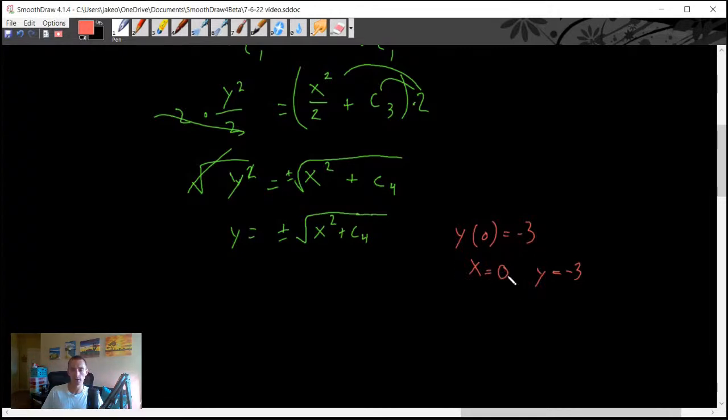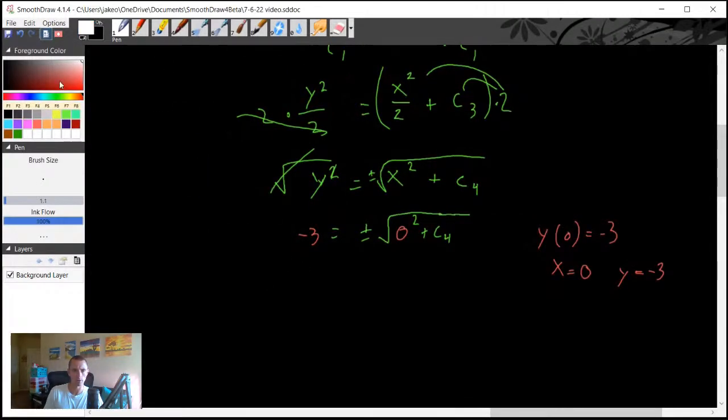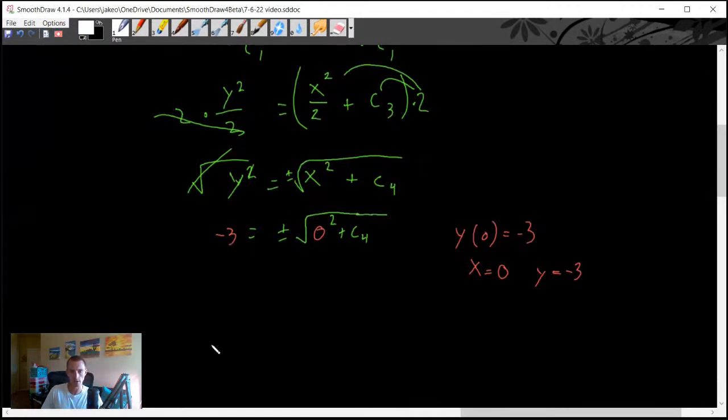So what we can do is plug in these two things into this equation here and solve for C4. So when y is -3, x is 0. Okay, so then we've gotten this down to a position where we basically just have a plus C4, plus our unknown constant. So let me actually, real quick here before we carry on, just jot down what we had here, was y equals plus or minus.